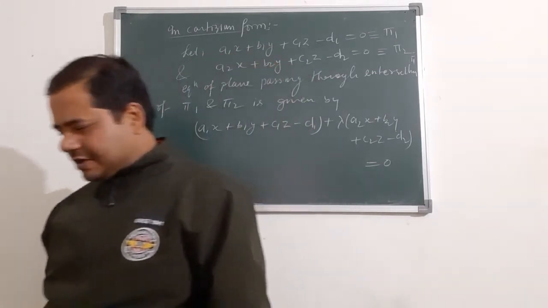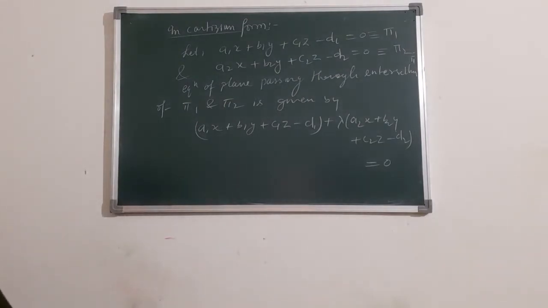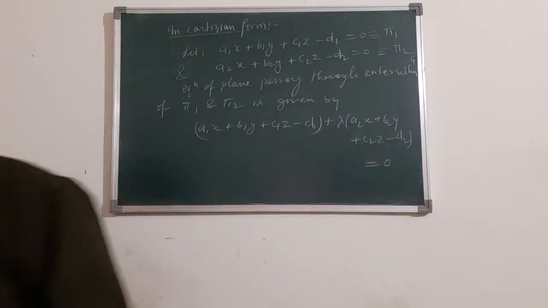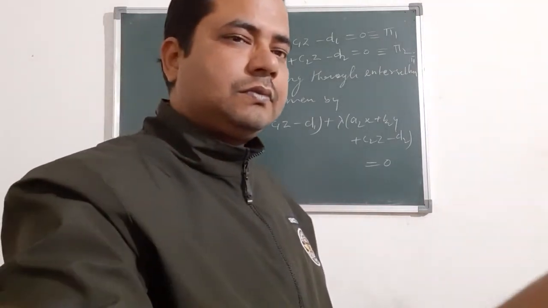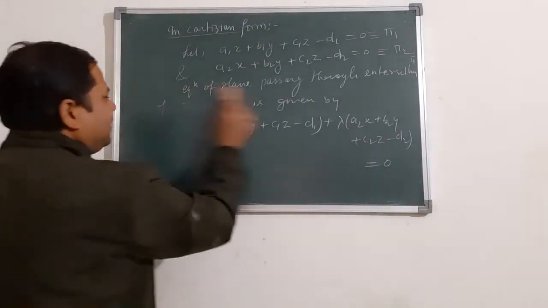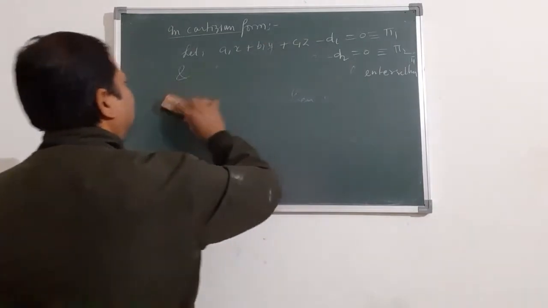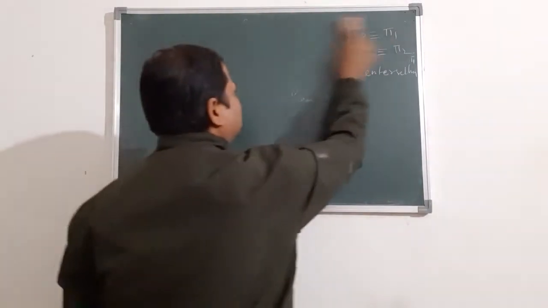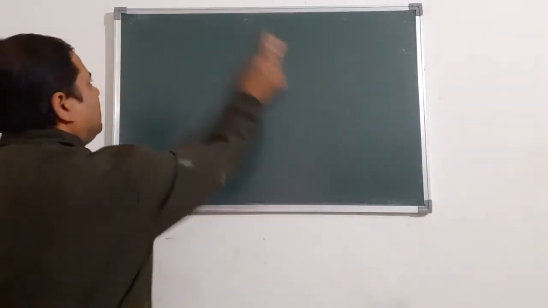Okay. Now let us discuss some questions based on this. Now see the question based on this particular topic, and afterwards we see some more questions based on the equation of the plane.